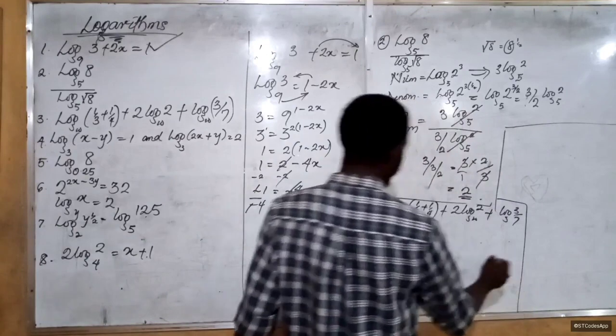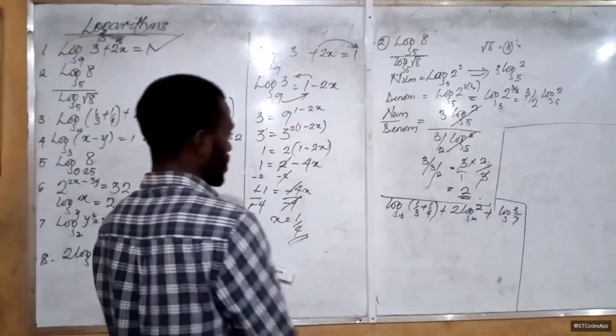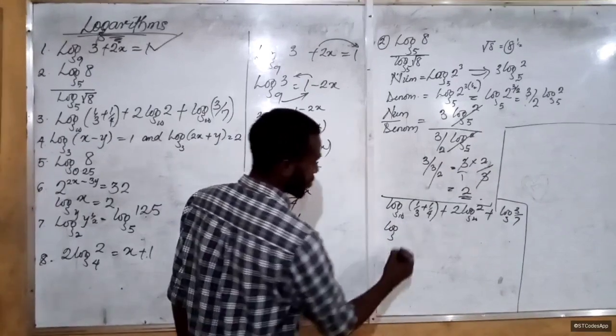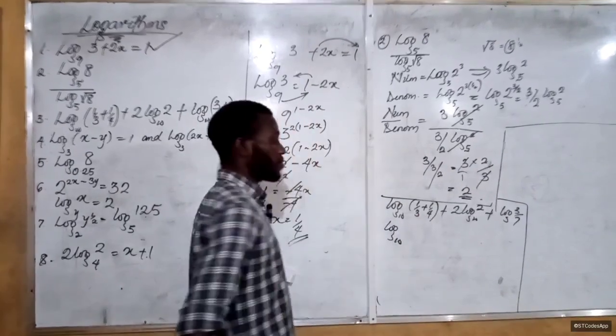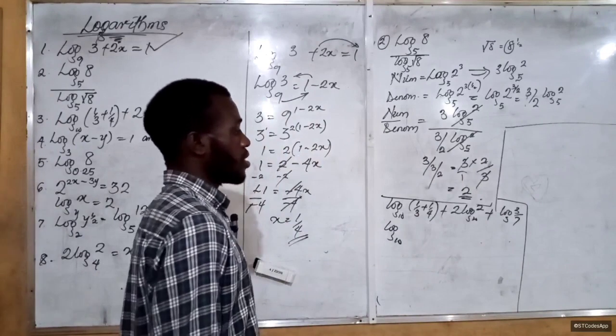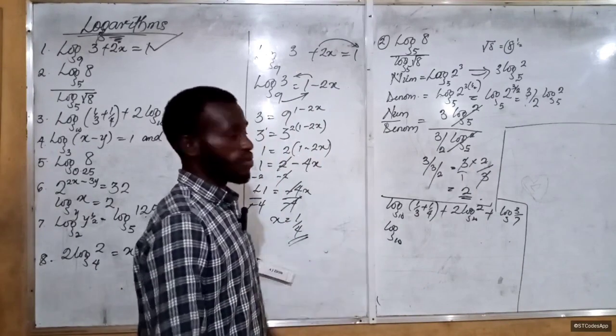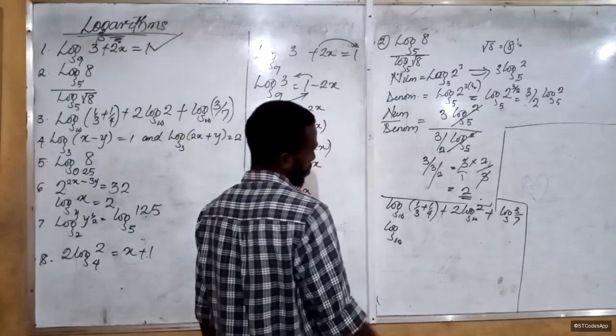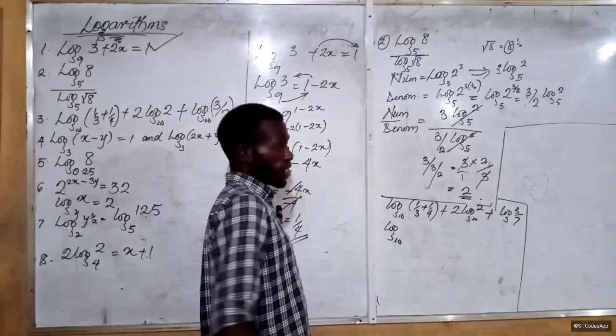Let's combine this first to a single fraction, so that 1 over 3 plus 1 over 4 will give us 7 over 12.